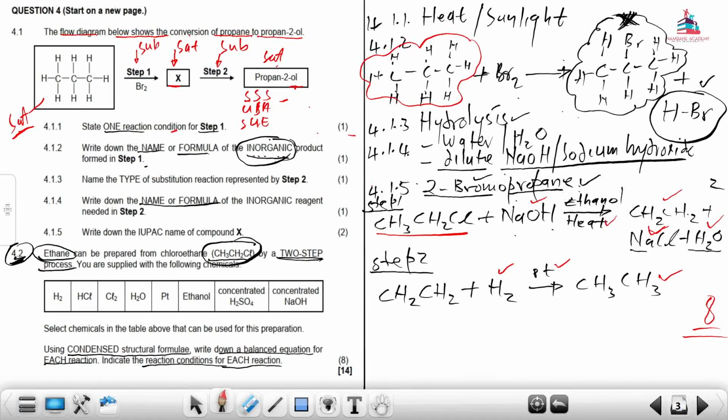So the examiner was asking for the condensed structural formula. So this question is very nice. That is the reason why I chose it, because it addresses now a new way of how questions can be asked and how should we be able now to answer.